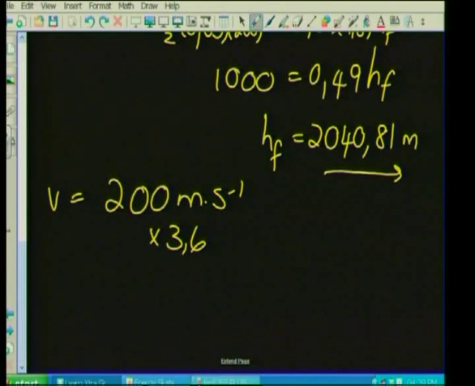In the very first part of today's lesson, I said that to go from kilometers per hour to meters per second, we divide by 3.6, okay? Which means it's the opposite process for kilometers per hour. So if I want to make this into kilometers per hour, I'm going to times by 3.6.